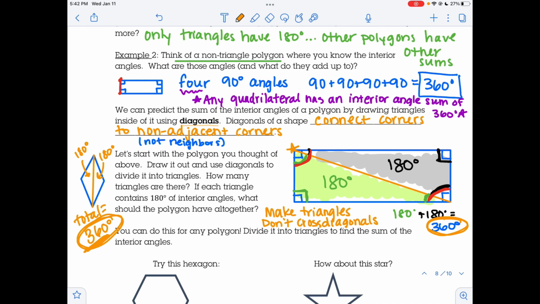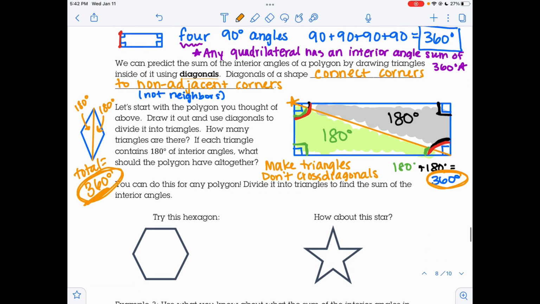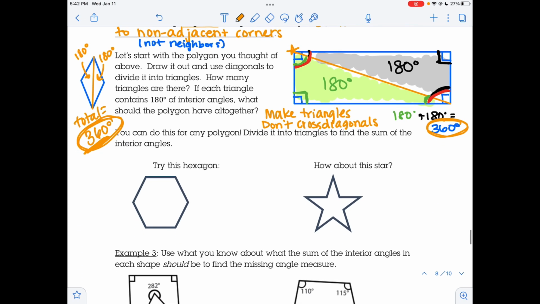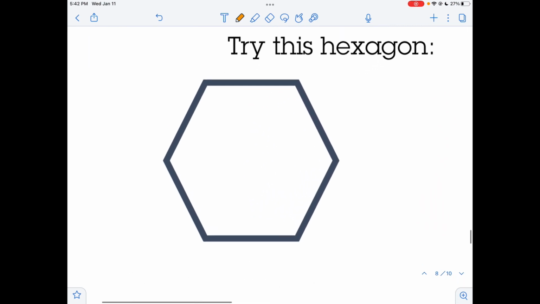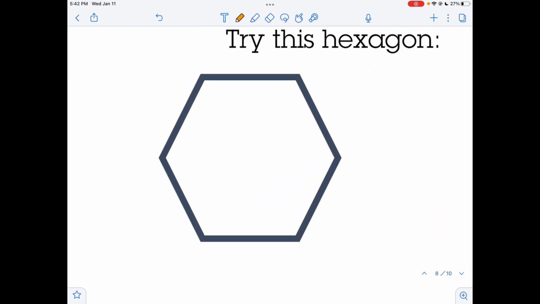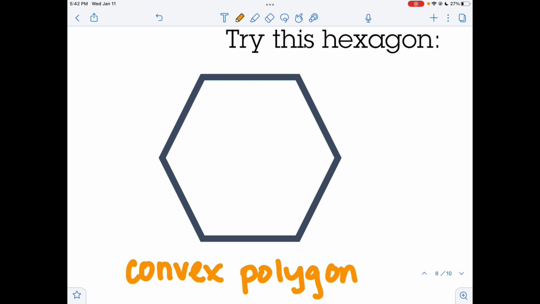Now, we can do this triangle thing with any polygon. So a hexagon is nice and straightforward because there's not really any craziness, this is a convex polygon. Those are the easier ones to do this triangle method with. What we do, we pick one vertex. I'm going to pick that top left again.